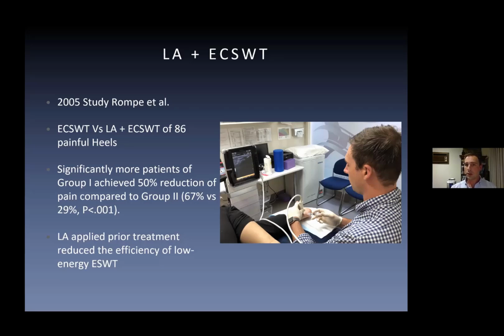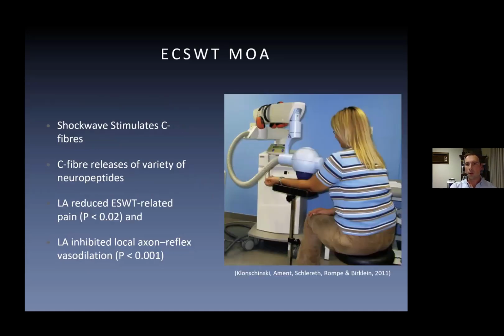That shows that blocking the nerve effectively lowered the efficacy and efficiency of the treatment. It looks like the reason is that it blocks the stimulation of the C fiber, and when the C fibers are active with shockwave, they release those various neuropeptides.